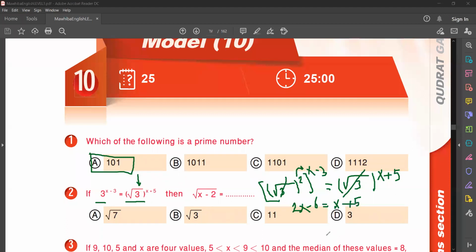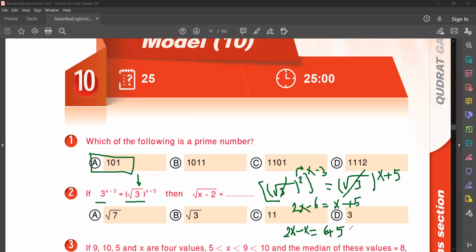So I can now find x. The minus 6 goes to the other side, and x also goes to the left side: 2x minus x equals 6 plus 5.